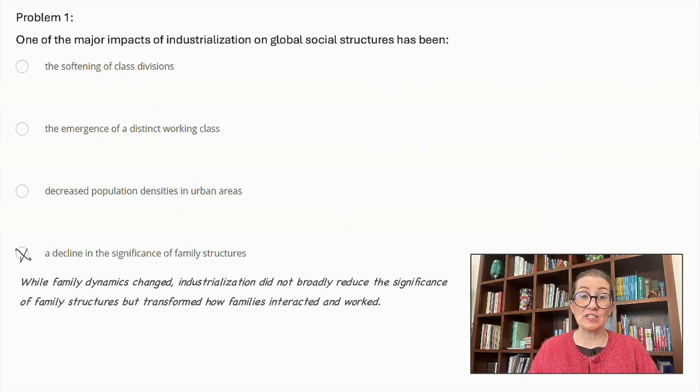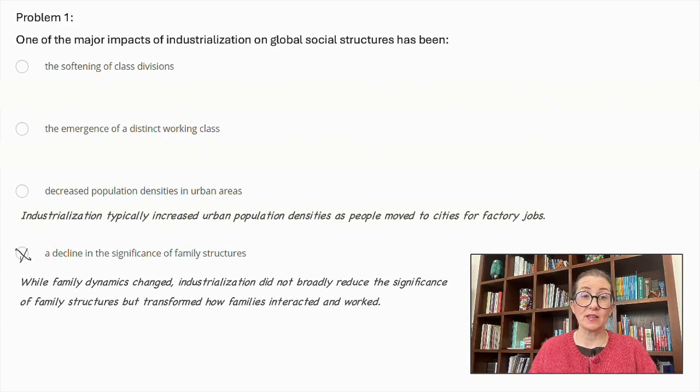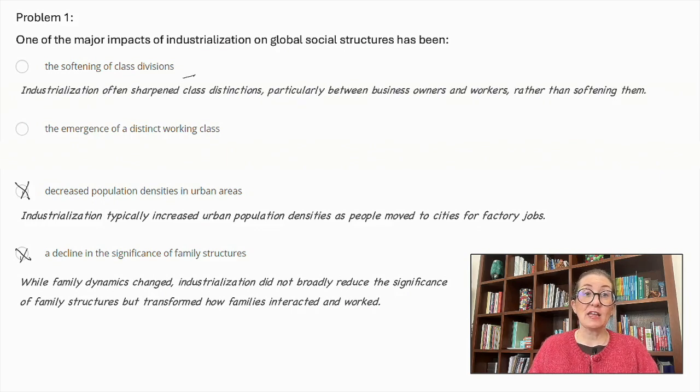Decreased population densities in urban areas. It's quite the opposite. Industrialization typically increased urban population densities as people moved to cities for factory jobs. So we can cross that out as well. To the top, the softening of class divisions.